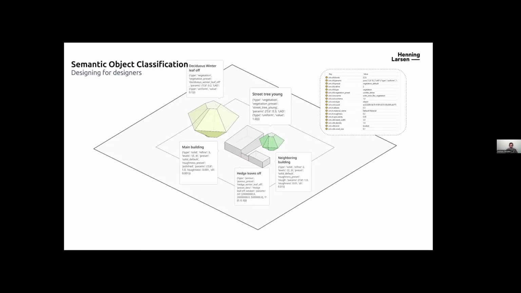If there is a building that you want to tessellate more because you want to see more detail of that building, or there are some trees that you want to simulate in your safety modeling because they have some effects on the way your simulation or the wind flows and so on. And on the right you see the key values in Rhino, which is also the basis of what we're going to talk about.